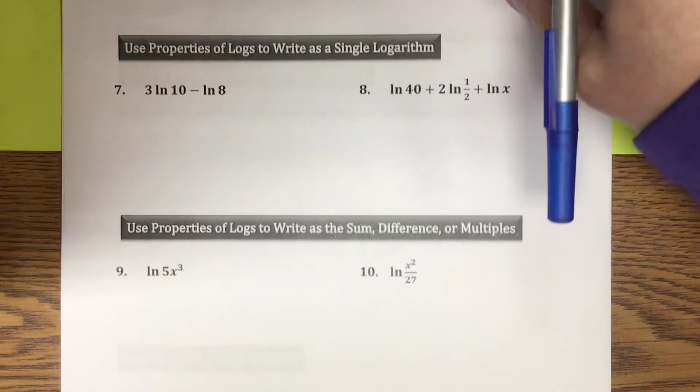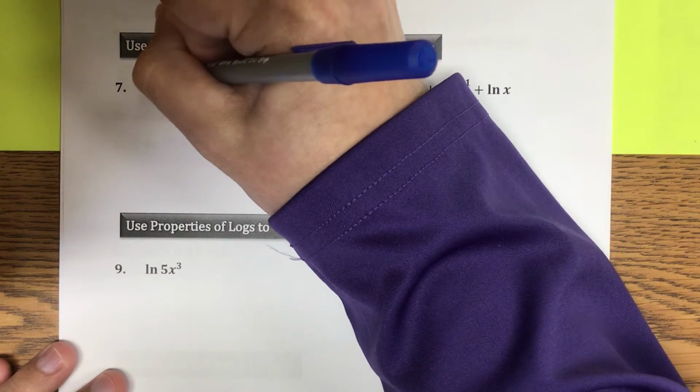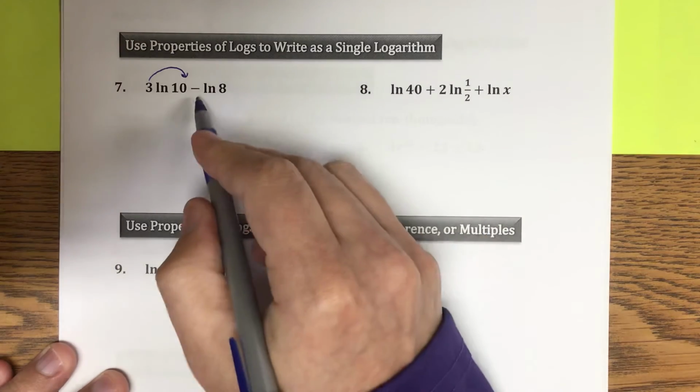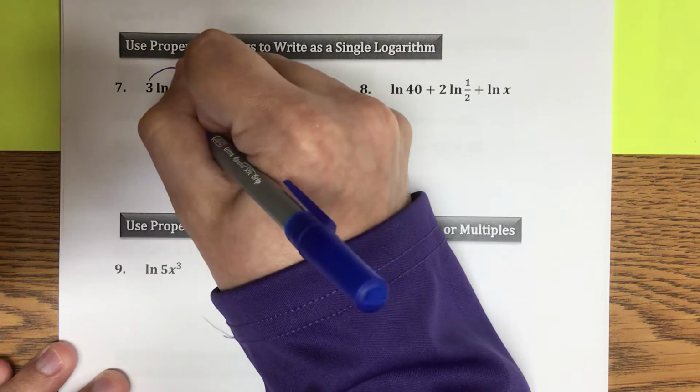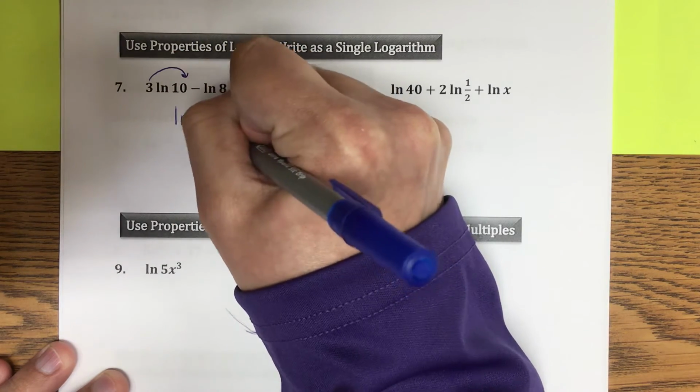So we can use the properties of logarithms when it comes to the natural log as well. For example, number 7, I can use the power property to put that power of 3 back on 10. And I can change this to a fraction because I'm subtracting 2 different logs. So this would be the natural log of 10 to the 3rd divided by 8.